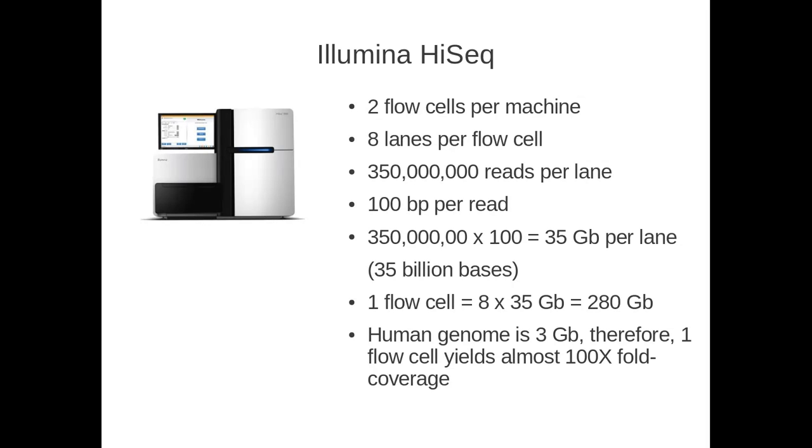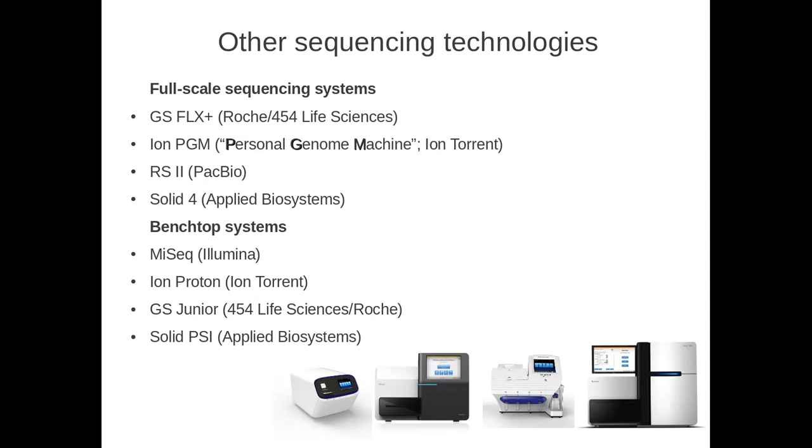Continue to do the math, and in one flow cell you can obtain somewhere around 280 gigabases fairly routinely. The human genome is about 3 gigabases. So in one flow cell, if you take 280 and divide it by 3, that's close to 100. So that's 100-fold coverage of the human genome in a single flow cell.